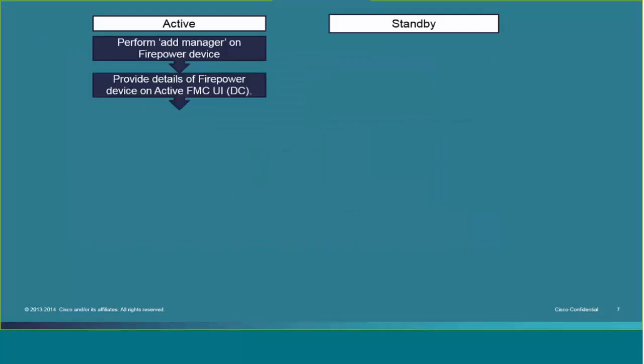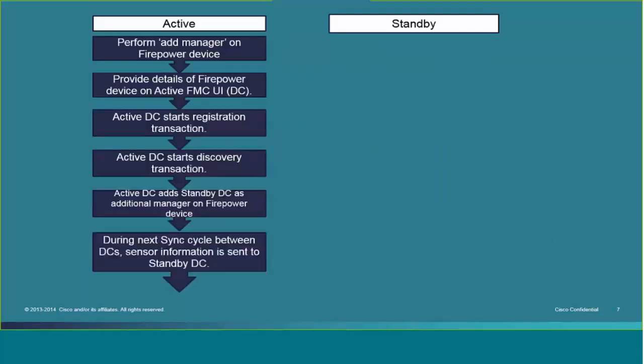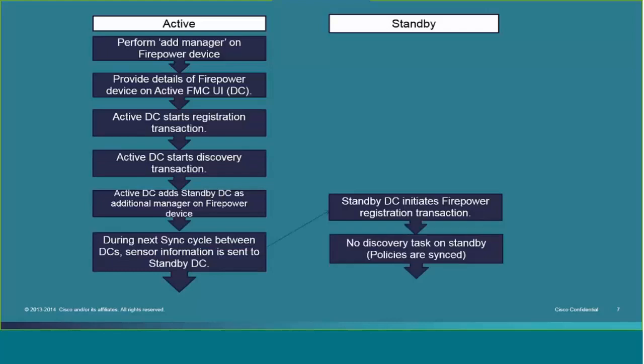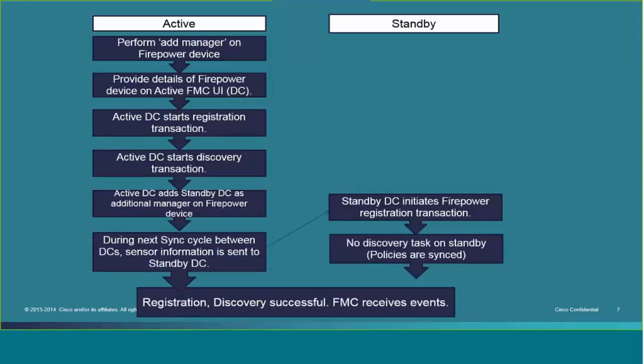Alright, so just a brief overview of this process that we spoke about. On the active FMC, we add the device. We provide the details for the device, and then you start the registration. So the active FMC will then initiate a discovery process, and once the device is successfully discovered, the active FMC or the defense center asks the standby FMC to add itself as an additional manager on the device.